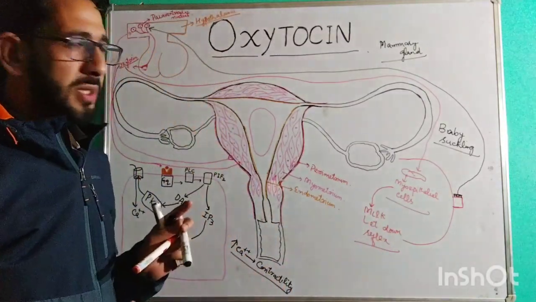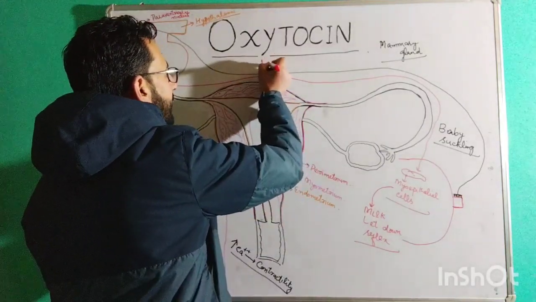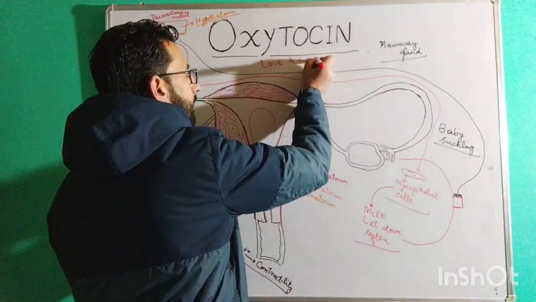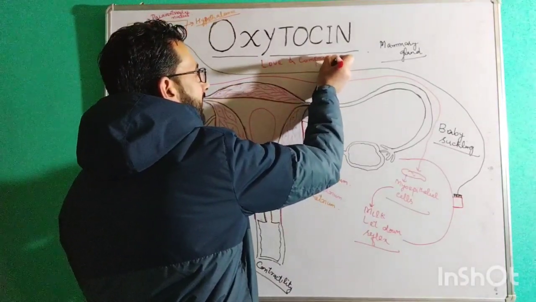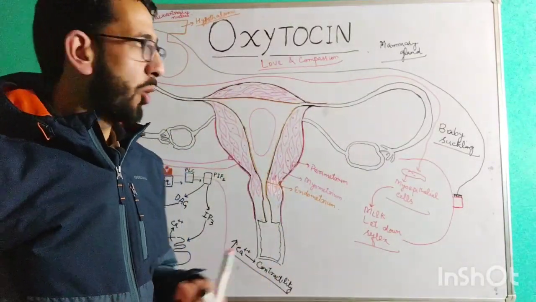Then this oxytocin also has a role in feelings like love and compassion. This oxytocin is actually called the love hormone or cuddling hormone.